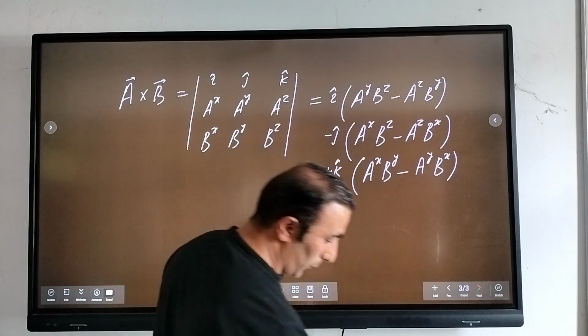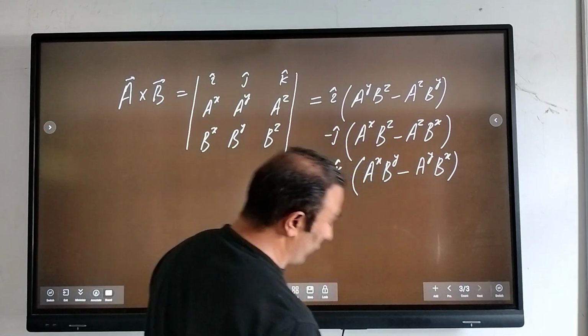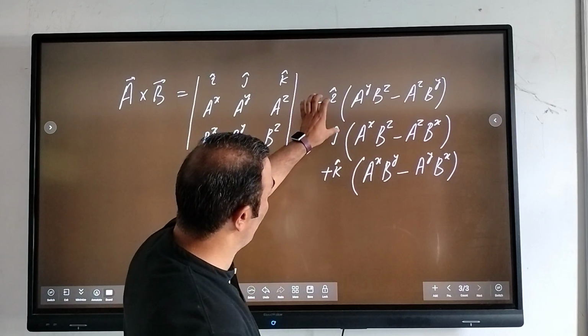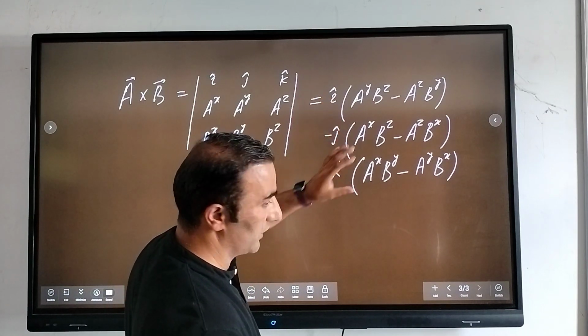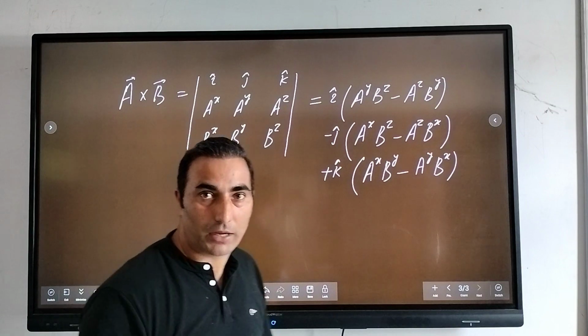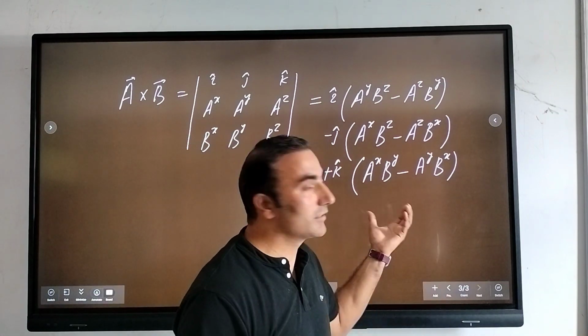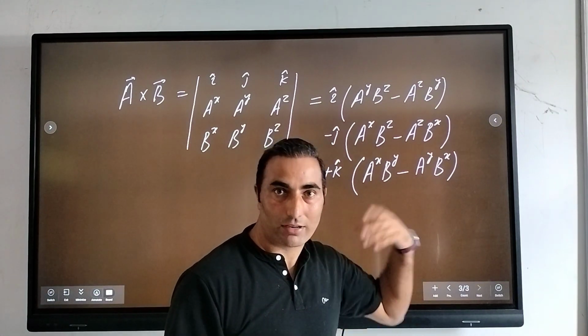Now, if you want to define the cross product, how do we get these different ith, jth, and kth components? I uploaded only this lecture on my YouTube, now I will revise this.